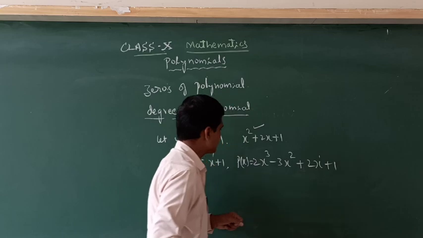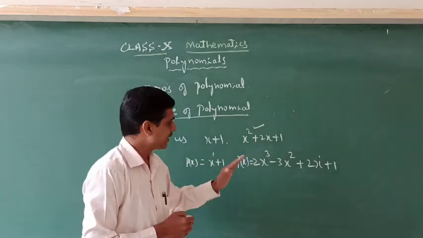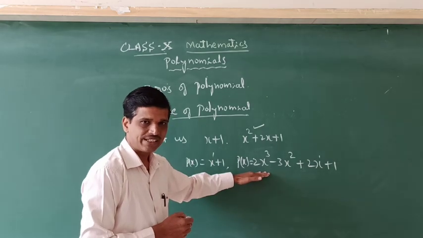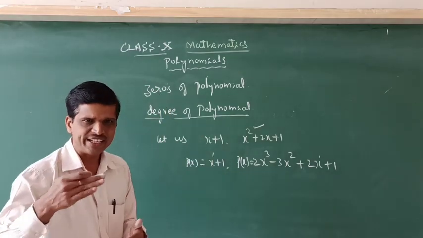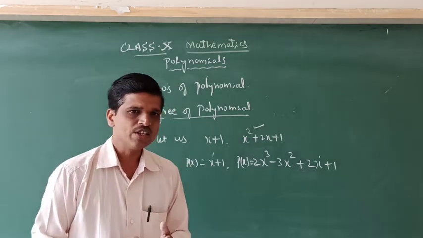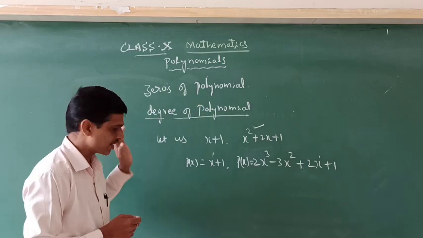So the degree is 3, because 3 is the greatest power. If any non-integral exponents come, then that is not a polynomial, hence it is not considered to have a degree.